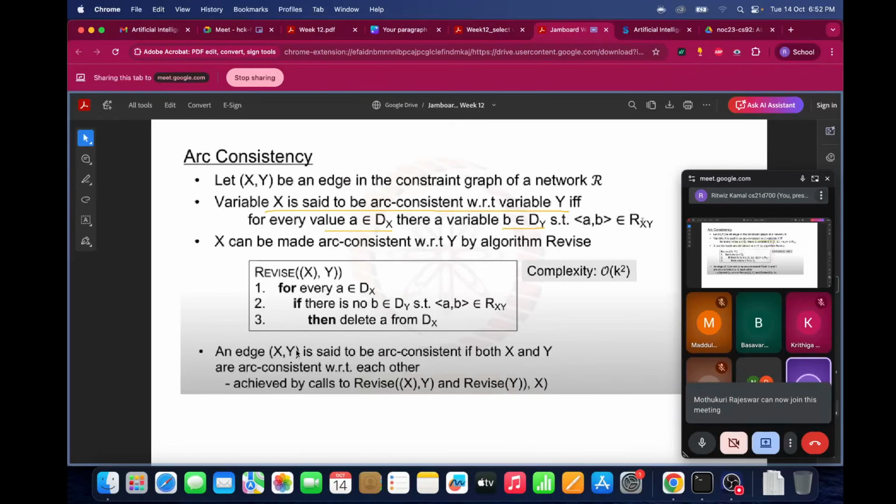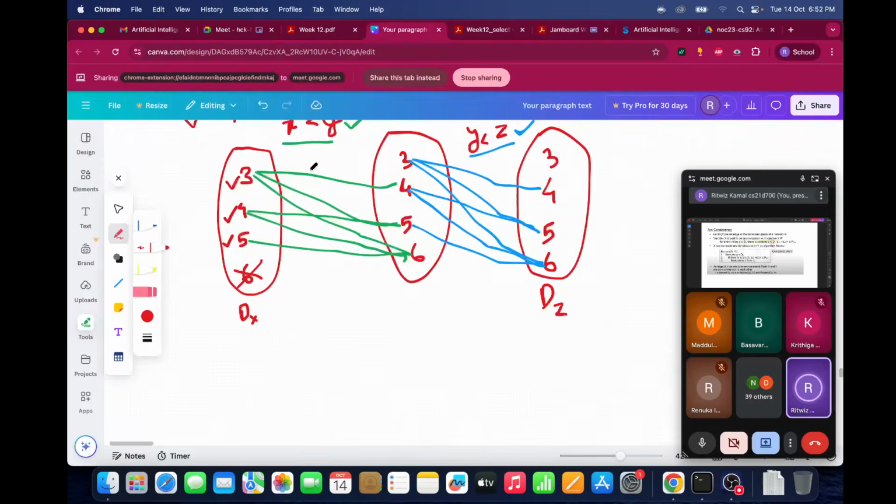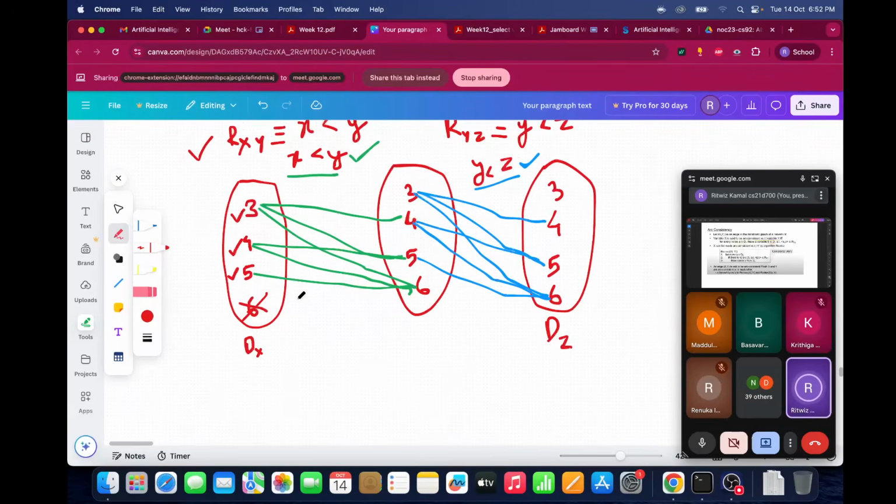So in order for us to say that an edge is consistent, x and y, we need to do the revise operation in both directions, x to y and y to x. Currently we applied the revise operation only in this direction. We need to do that in this direction as well.